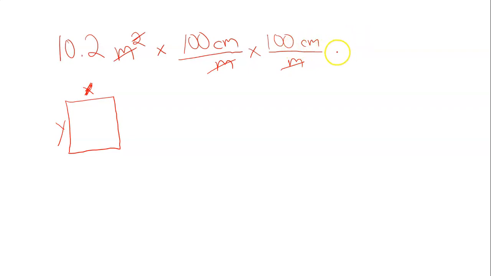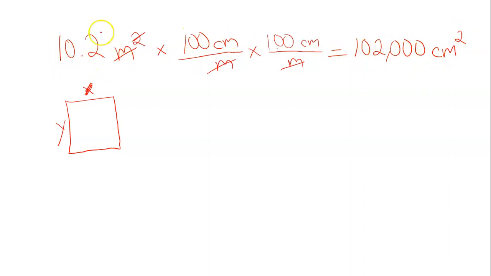And so this is going to be equal to, we've got 10.2, I'm going to multiply by 100, and then I'm going to multiply by 100 again. This would be easier to do in scientific notation, but we can still do it in regular notation. So this would be 102,000 square centimeters.